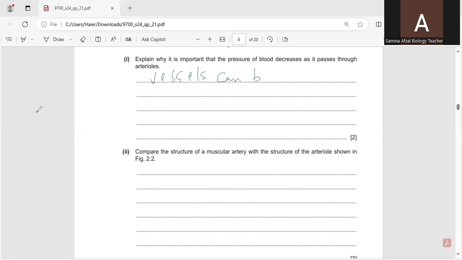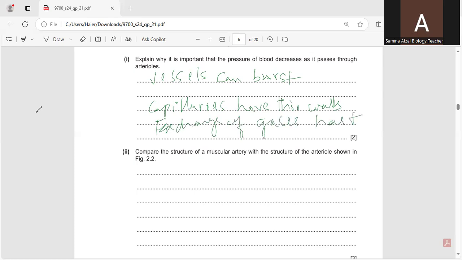To avoid their bursting, the pressure is reduced. And secondly, the capillaries have thin walls, and exchange of gases has to take place in the capillary. So this is the reason the blood pressure is reduced over here.